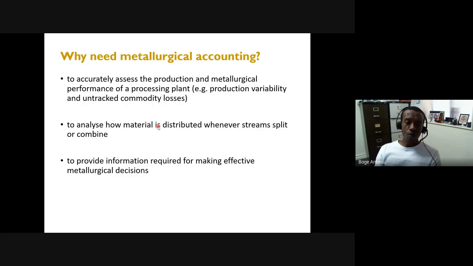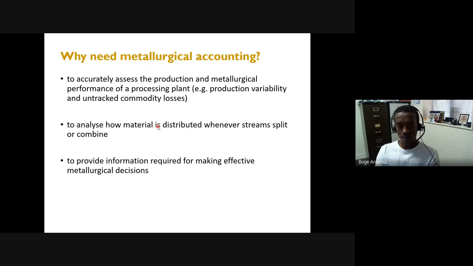Another very common operation in a processing plant is metallurgical accounting. Some of our graduates, when I go there and ask them what their everyday activity is, say that early in the morning, every time they go to work, they have to do metallurgical accounting. They complete a spreadsheet or a table to do with accounting. So what is metallurgical accounting?